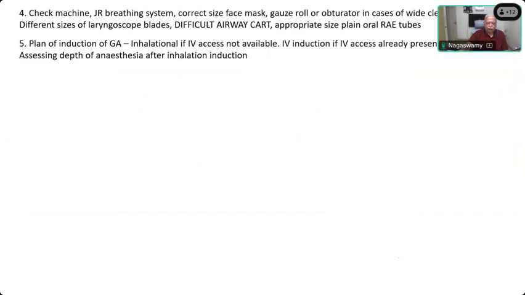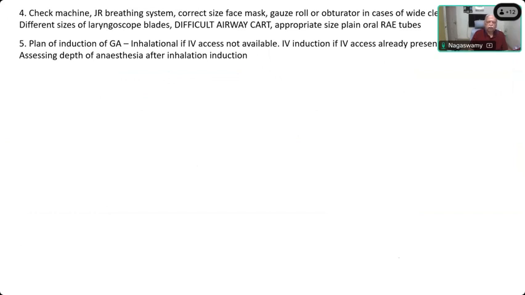Initially there will be tachypnea, rapid shallow breathing, then after achieving the depth, the rate will decrease. The rate will come down, sir. Yes, rapid shallow breathing will be replaced by deep slow breathing. Okay, so the rate will definitely come down. That is one of the very easy methods of assessing the depth of anesthesia.